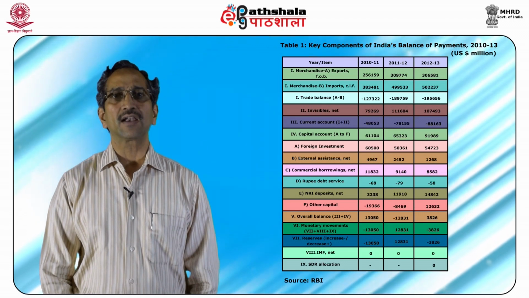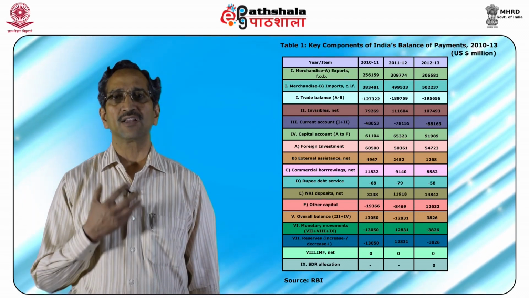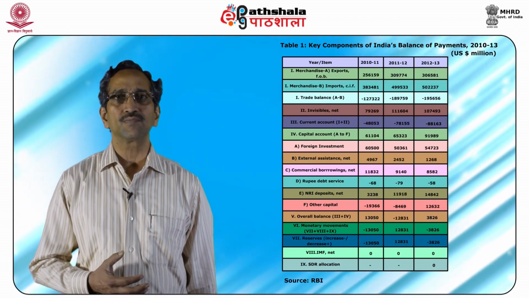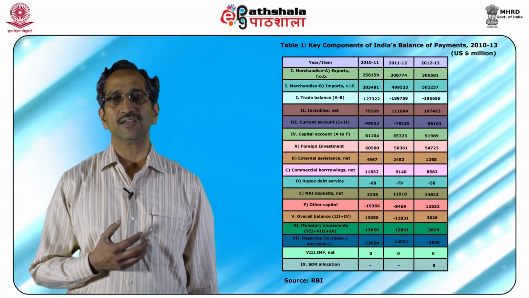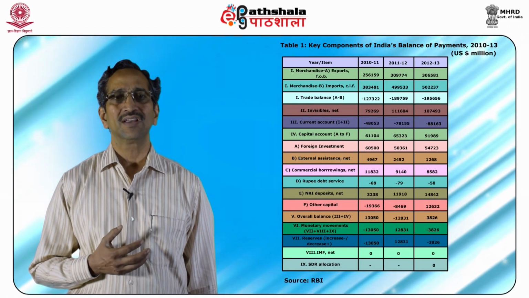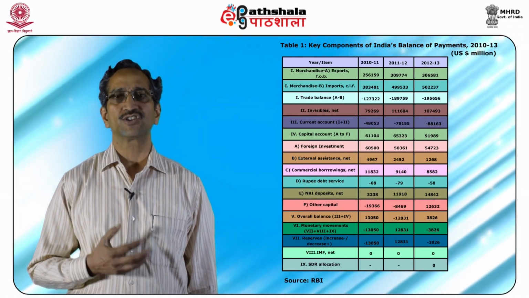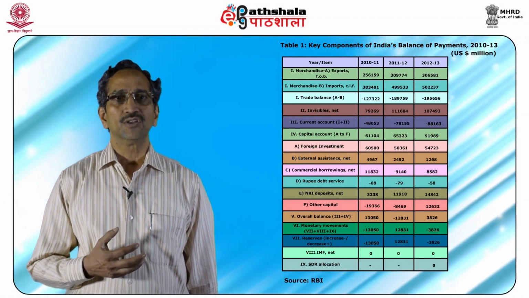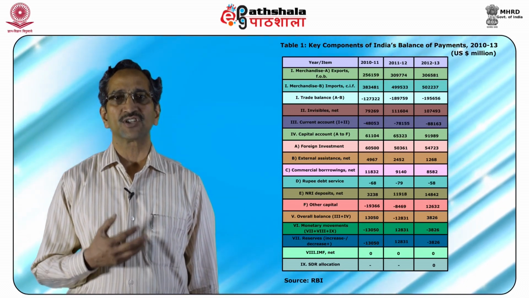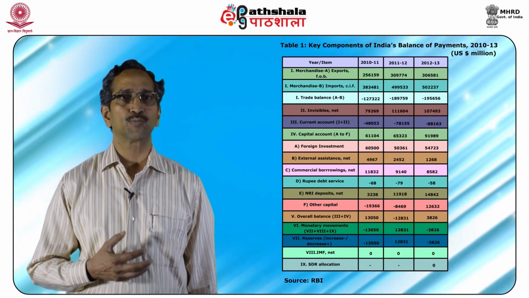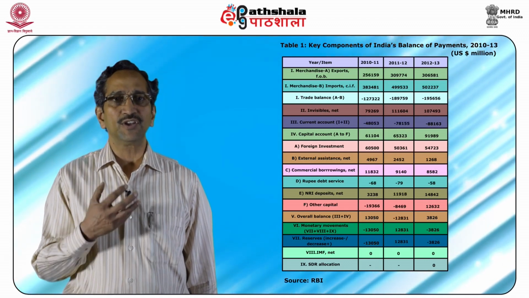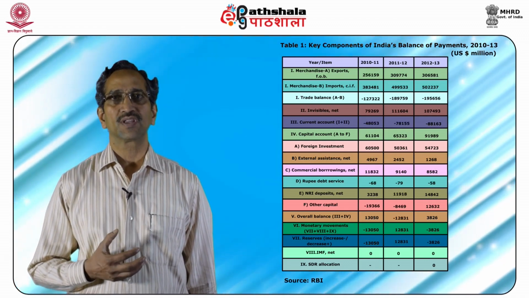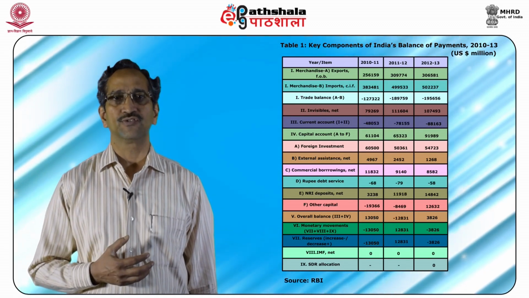As explained earlier, balance of payment consists of current account, capital account, and the third is errors and omissions and change in foreign exchange reserves. The current account includes merchandise, which is exports and imports, and invisibles. The invisibles include services, incomes, and transfers.